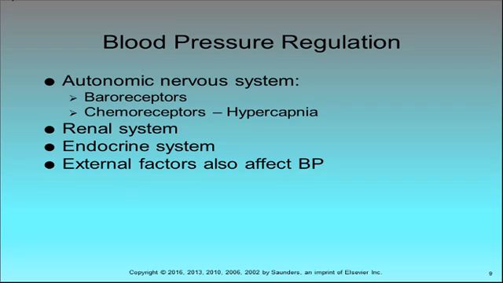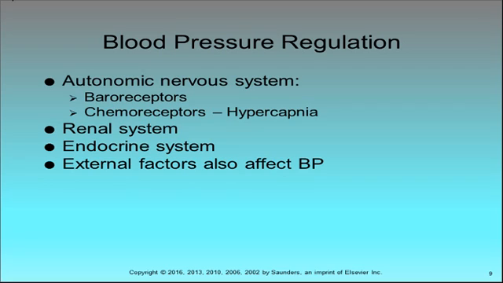The chemoreceptors are collections of tissues in the carotid arteries, and they're called peripheral chemoreceptors, and they're real sensitive to hypoxia.